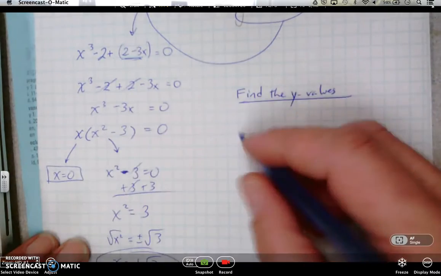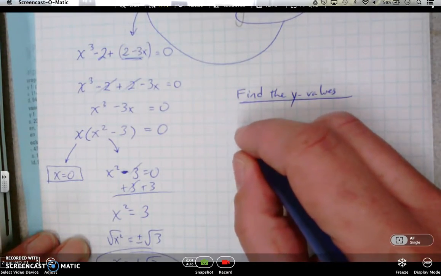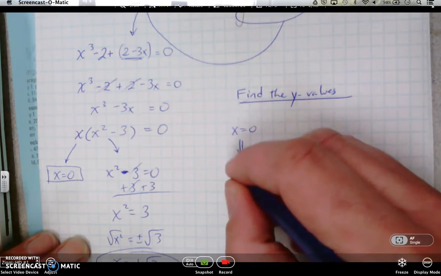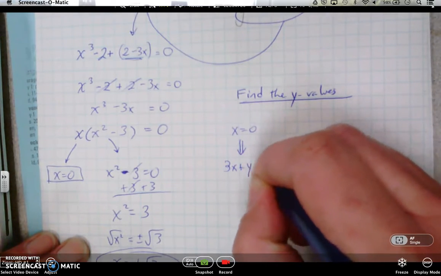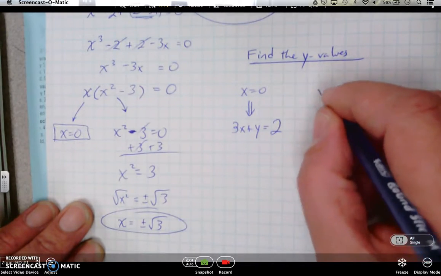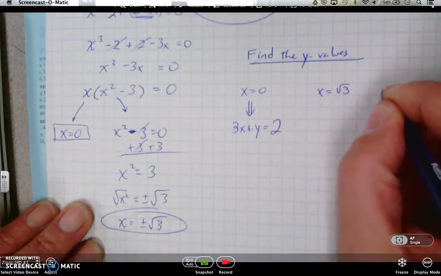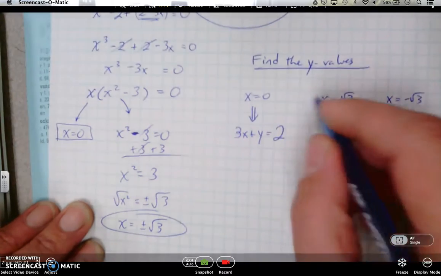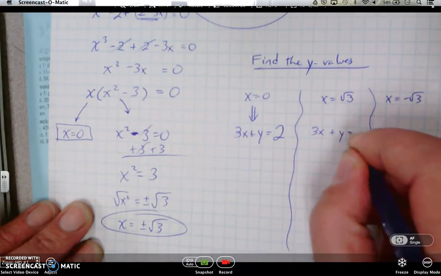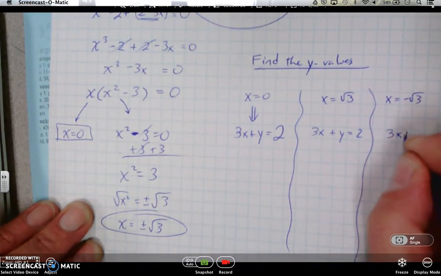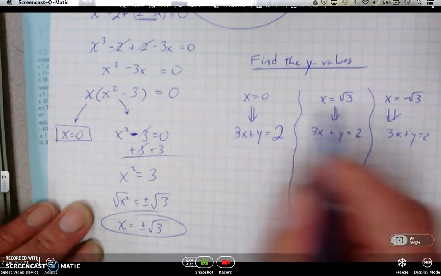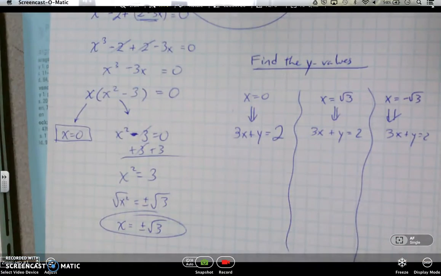We're going to let x equal 0 and plug it into 3x plus y equals 2. We also have to evaluate x equals radical 3 and also x equals negative radical 3. We're plugging all those into this equation, 3x plus y equals 2. All of these are values of x. We need to find the y values.